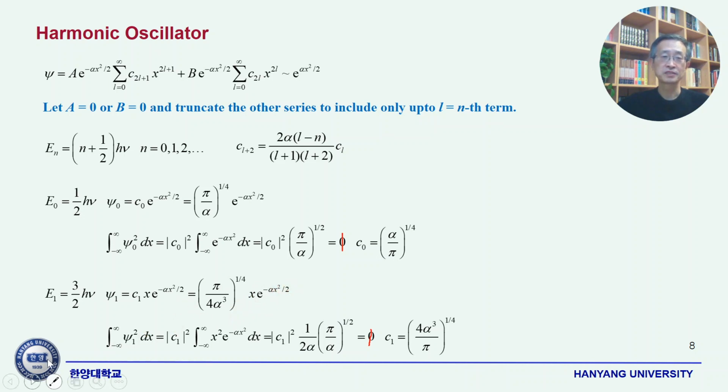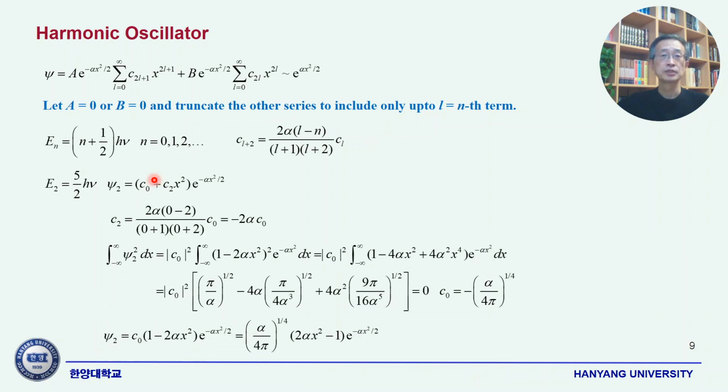So what's next? n equal 2. In the n equal 2 case, your energy is 5/2 h nu, and then psi 2. Now A equals 0, and you include the C0 and C2 terms. So C0 times (1 plus C2 over C0 times x squared) and the exponential factor.